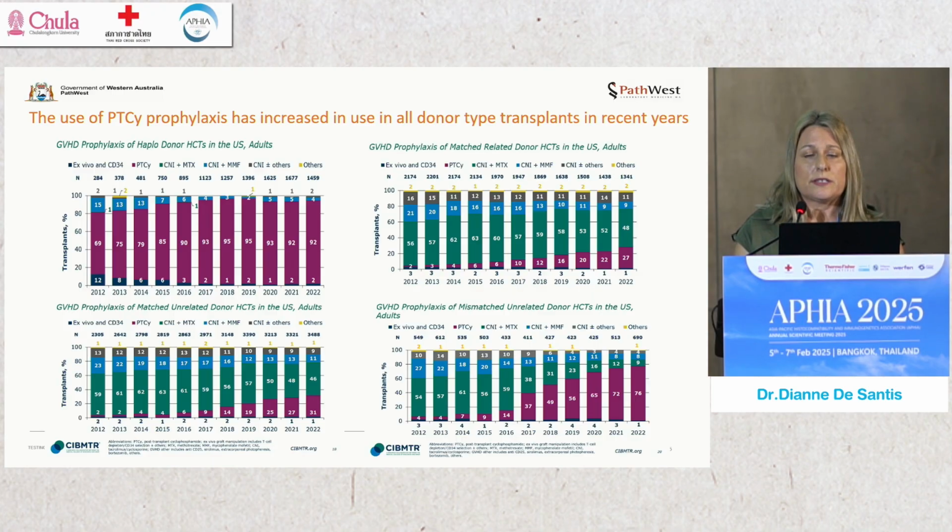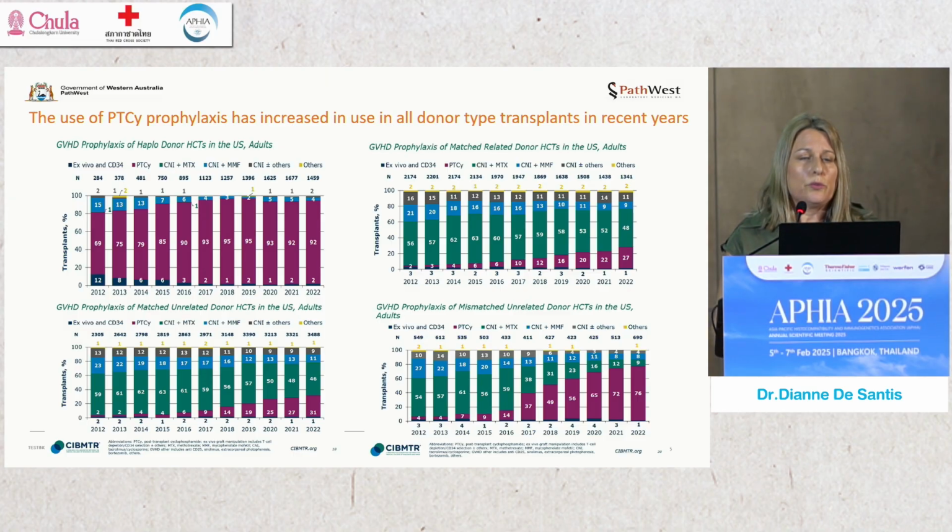And since 2011, PT-Cy has been adopted beyond the haploidentical transplant and widely used in matched related, matched unrelated and mismatched transplants. And today, PT-Cy is, or is likely to become, the standard GVHD prophylaxis strategy across the different transplant settings.